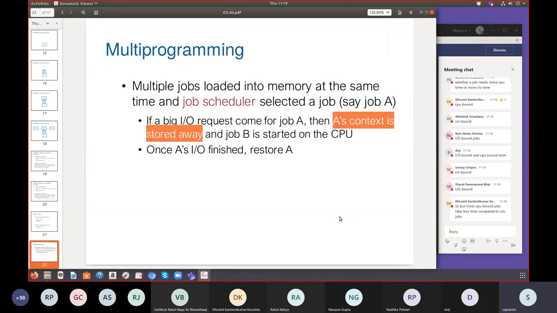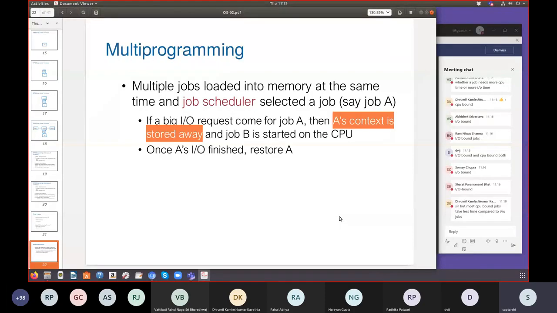The system cannot simply forget them, because A has to be resumed from the point where it was left off. A was removed from the CPU when the IO request came, but A cannot start from scratch again. A has to continue from this point. So there is a concept of A's context being stored.